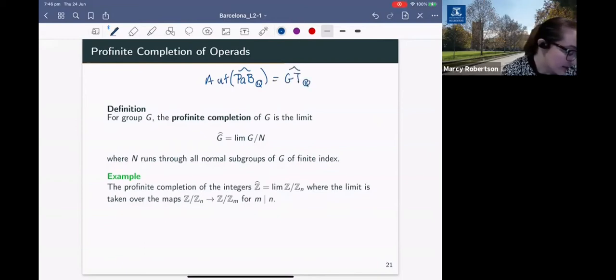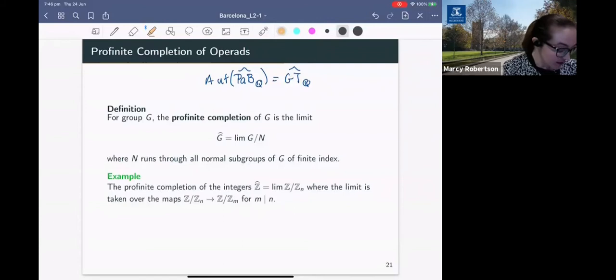Okay? And so there's another interesting completion, which is the profinite completion of groupoids, of in fact this operad. And that's where the necessity of infinity is coming from.